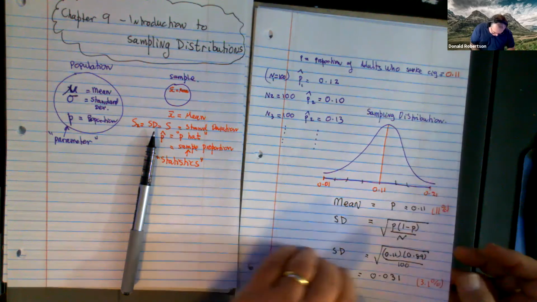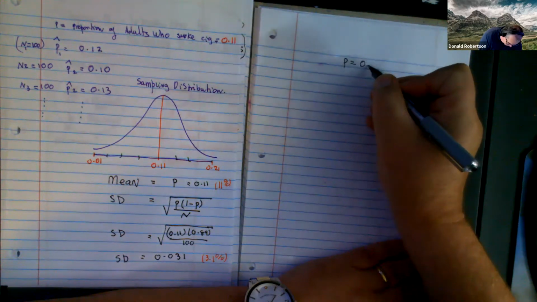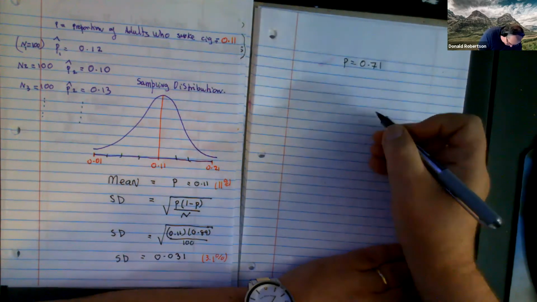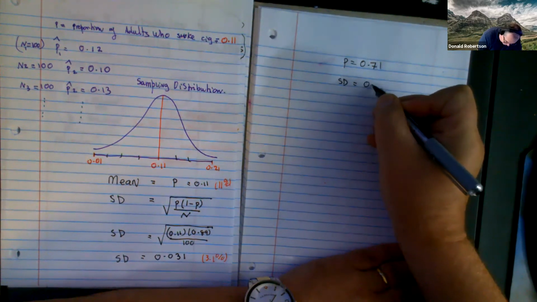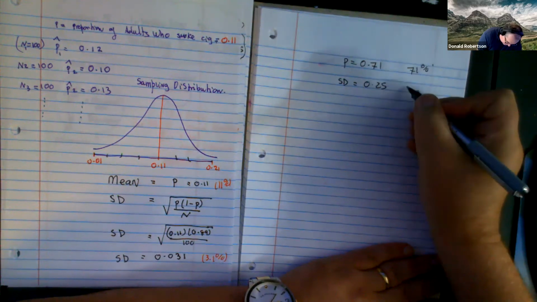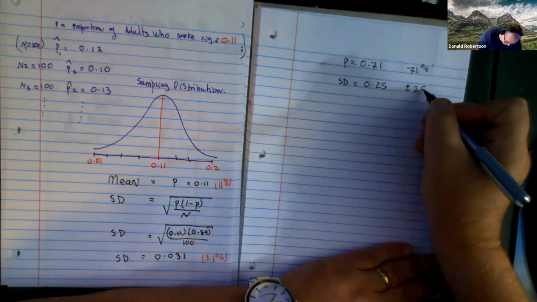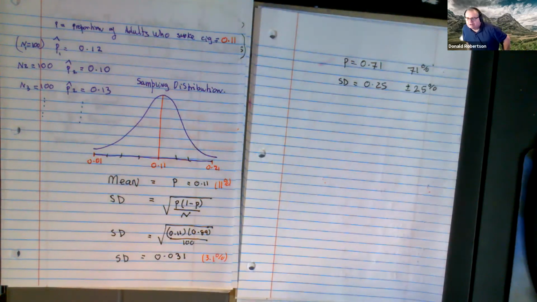So imagine I have a different story and the p ends up being 0.71 and the standard deviation ends up being 0.25. If I said to you, the answer is 71%, give or take 25%, in that world, wouldn't you be very careful about putting any particular confidence in my sample?